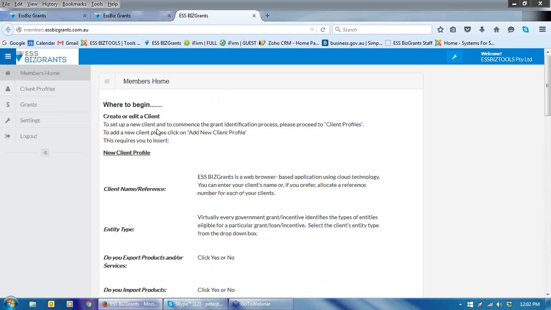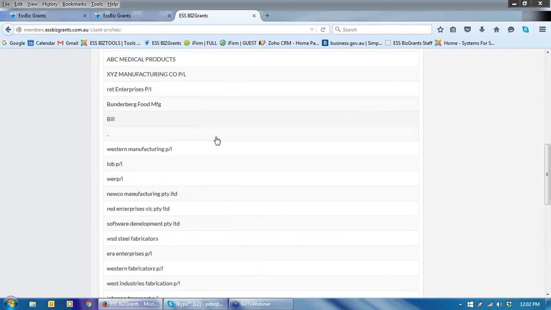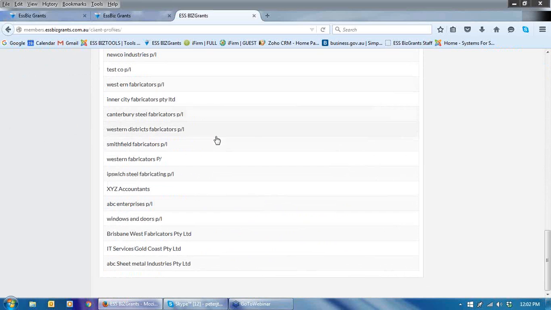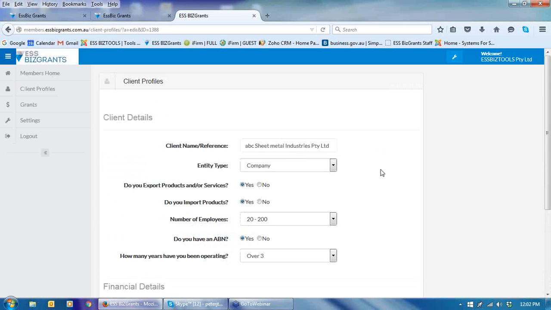But what we want to go to first of all is a client profile. Now I've started to prepare one. I'll just go to the bottom of all these others that we've been utilizing, and I'll go back to the beginning. So I've started with a company which I've called ABC Sheet Metal Works, or Sheet Metal Industries Proprietary Limited.